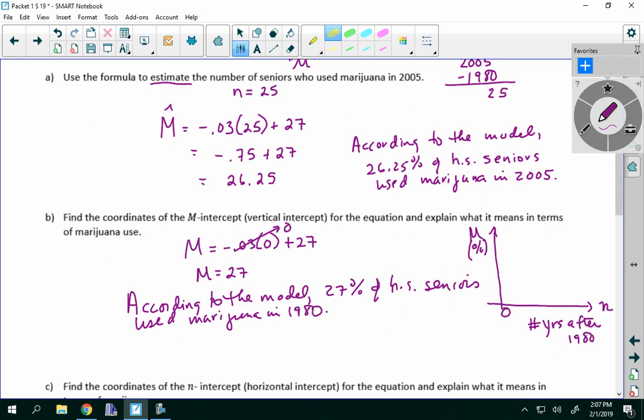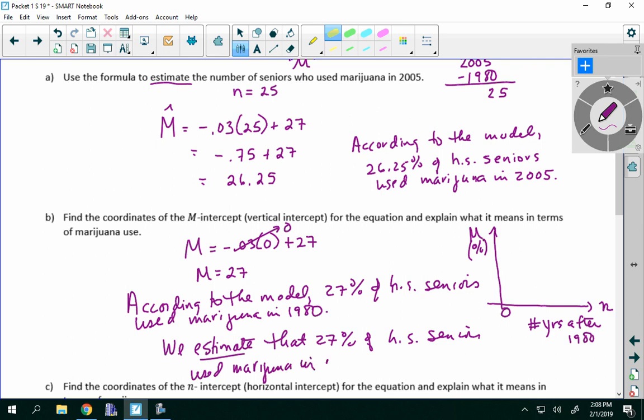Now let's suppose you didn't use the phrase according to the model. Then you could say, we estimate that 27% of high school seniors used marijuana in 1980.